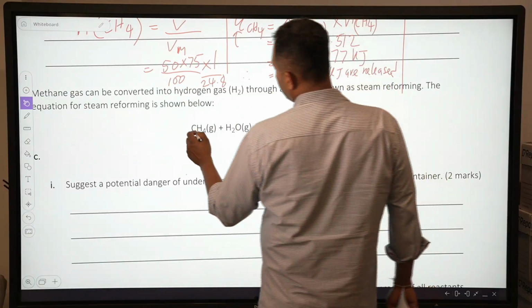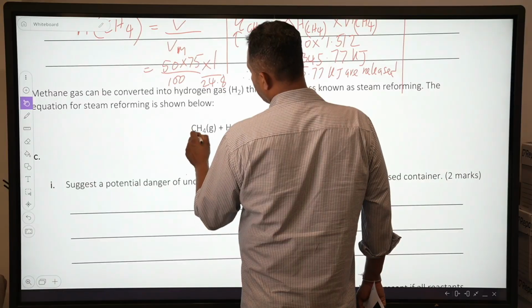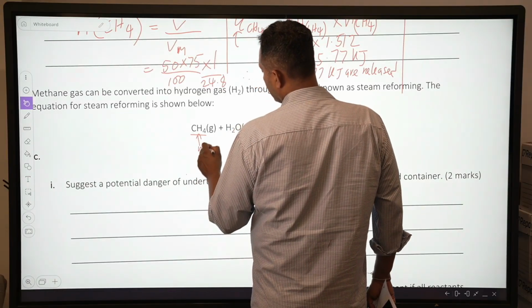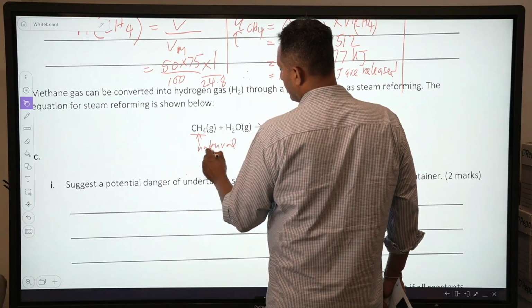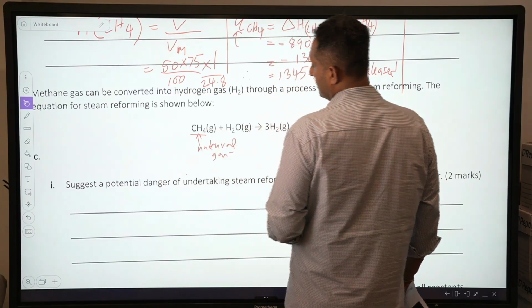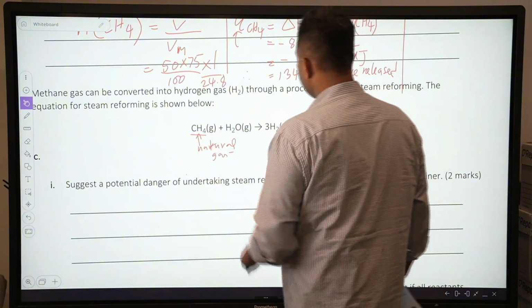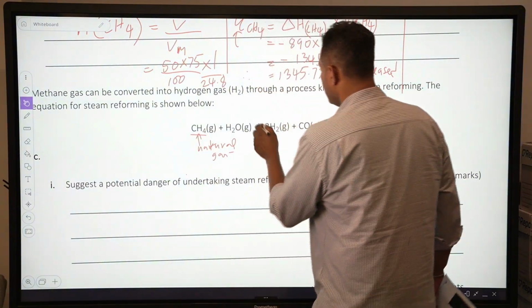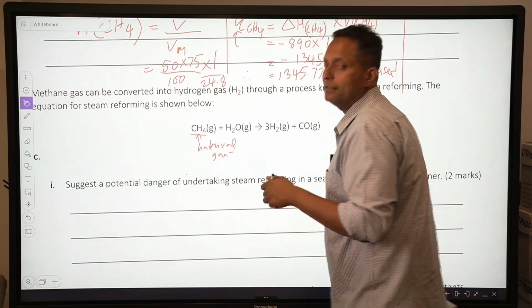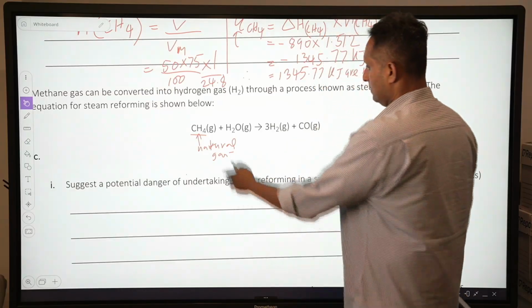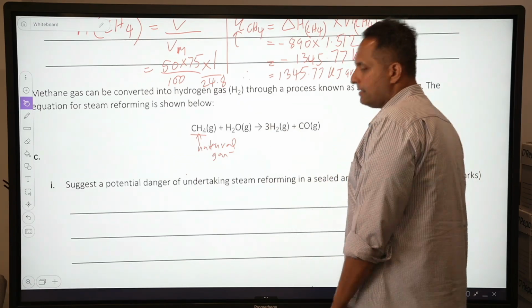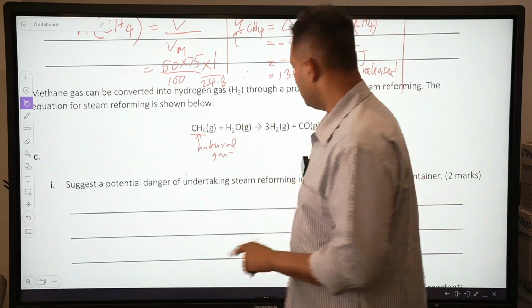If the methane is a natural gas, which is non-renewable, therefore the hydrogen you are producing is non-renewable as well. So that hydrogen is not renewable.